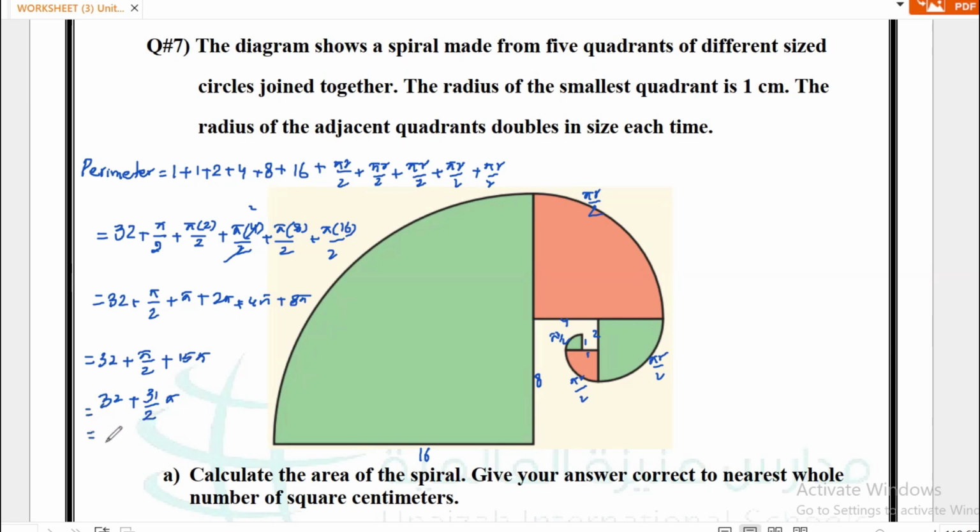If we check in the calculator, 31 over 2 gives us 15.5, multiplied by pi gives us 48.7. So this is 32 plus 48.7, which is equal to 81 centimeters. I hope it is clear. Thank you for watching.